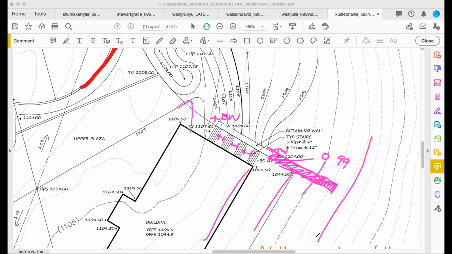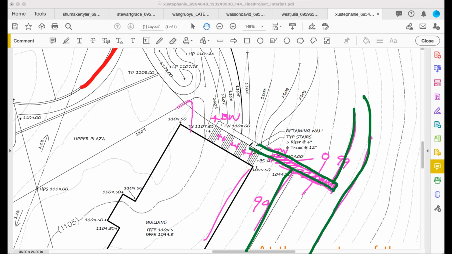Does that make sense? 99 is over here. So these two need to be separated by that one, 99, 99, oh, not that one, 99, and then 98. Okay, so that's the wall there.